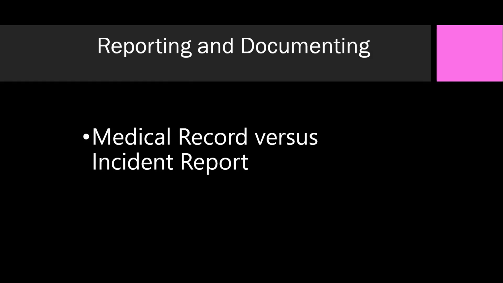When you're doing an incident report, and this will be a separate document, not in the medical record, you only want to record factual and objective items. So always state the facts, state it objectively. This allows the nurse to identify factors that may have contributed to the error. Again, we have to go back to why it happened. Incident reports are not part of the client's medical record.